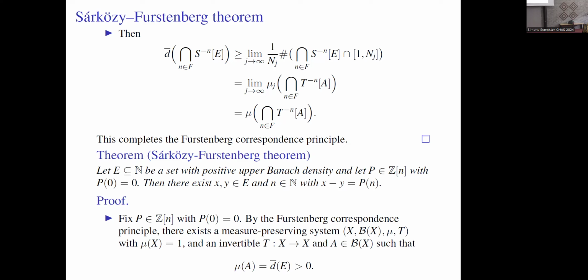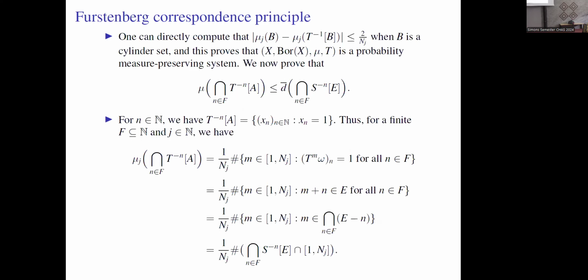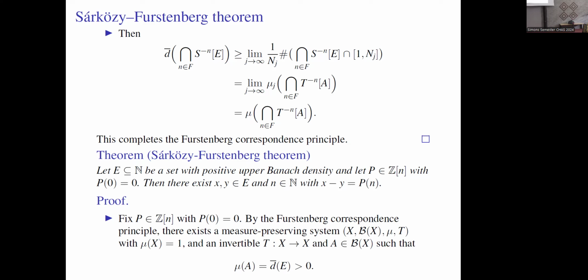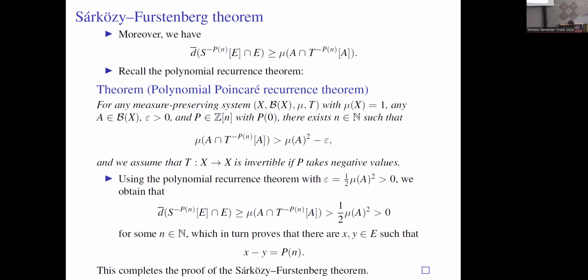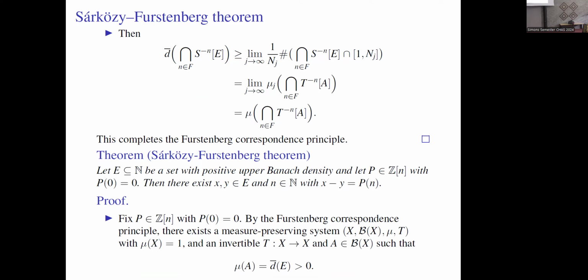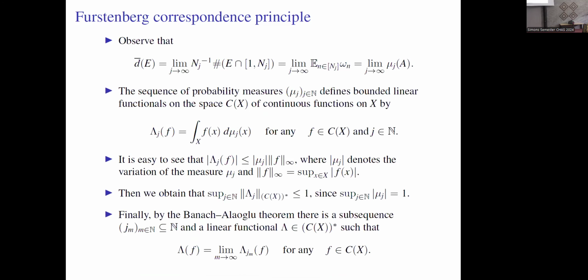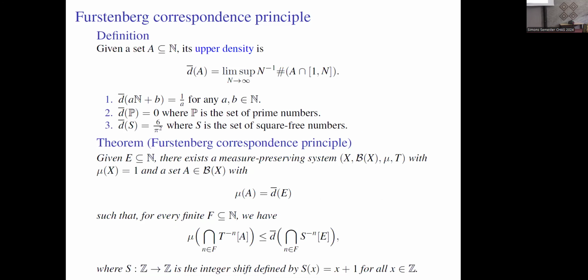We have this identity, and we know that because our set in question has positive upper density, the measure of A is positive. And moreover, we have also this, and now we apply this, let me go back to the Furstenberg correspondence principle. We will apply this with F equal to the set 0, comma P of n. Okay, this will be the set.